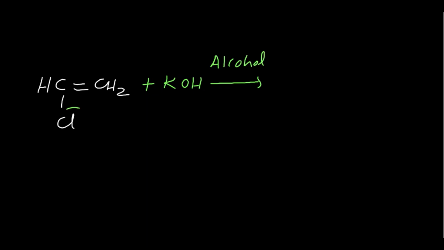What will happen? Hydrogen and halogen atoms are removed from adjacent carbon atoms. So after the reaction, we will get a triple covalent bond between two carbon atoms. We get this product, that is ethyne. Besides this, we will also get potassium chloride as well as water.